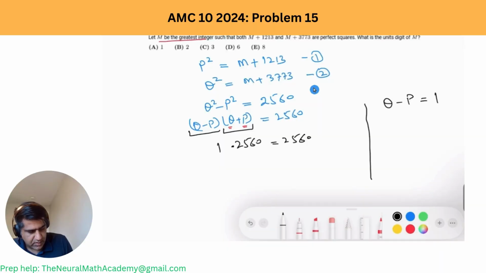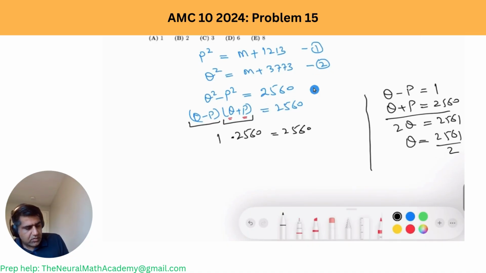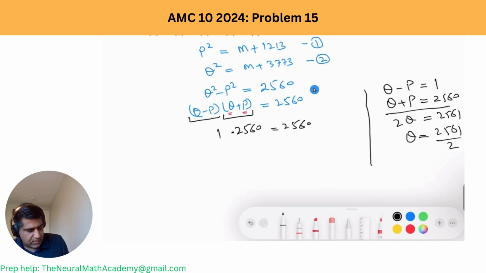So I plug this number and solve, I get 2q equal to 2561, right? So that means that q is not an integer since it is divided by 2, right? So then I will exclude this option and check the next option.